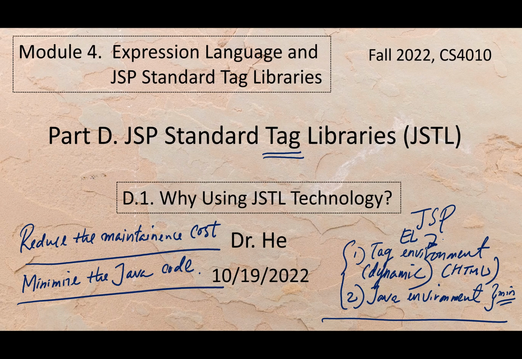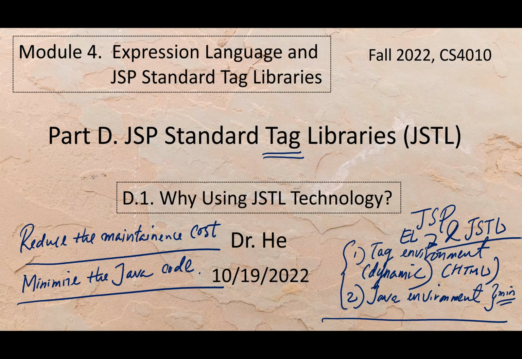Another place, inside tag attribute values, we can use EL expressions. And another thing we can also use in this environment is JSTL. That's what we are learning in part D.